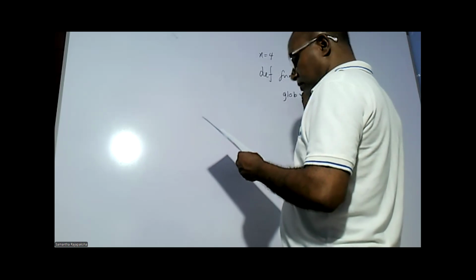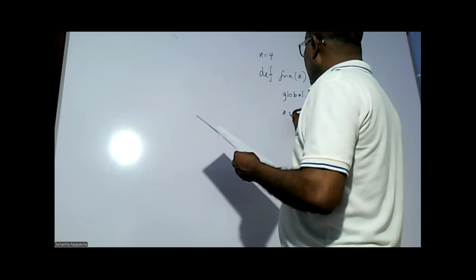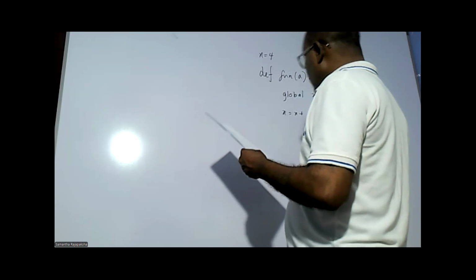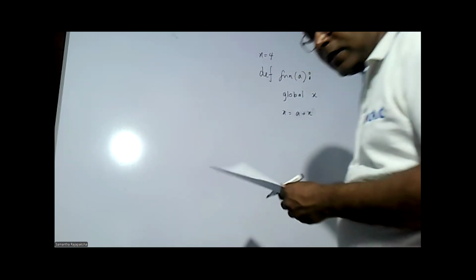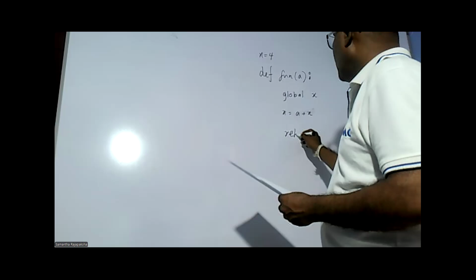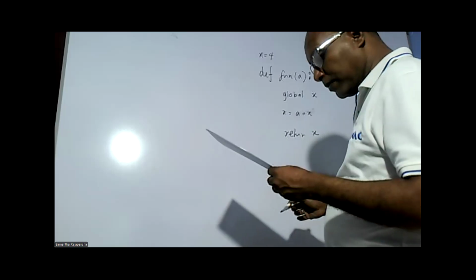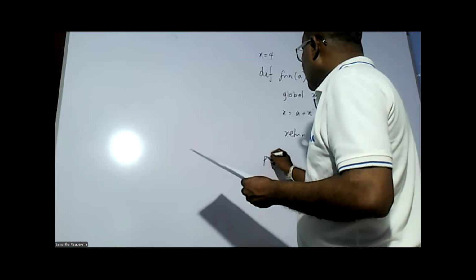I'll explain what this global means. Global x, and x equals x plus 3. So a plus 6. A plus 6, and return x. So that's the function. Here we call the function.